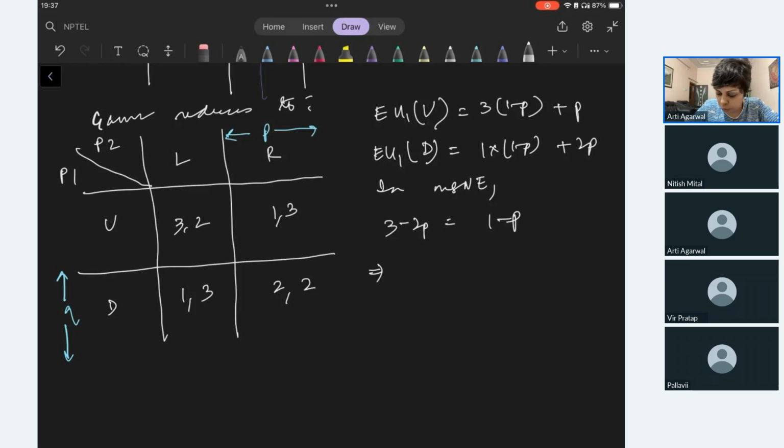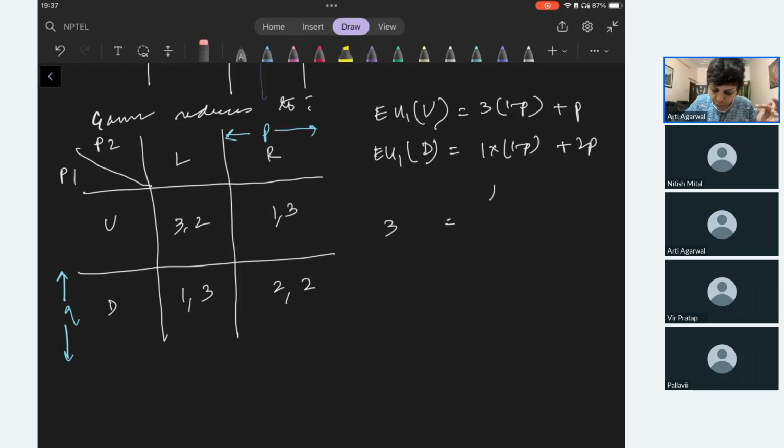It becomes 2 is equal to... Okay, I have made a mistake somewhere. It can't be 2. P should come out to be half, but let me check once.